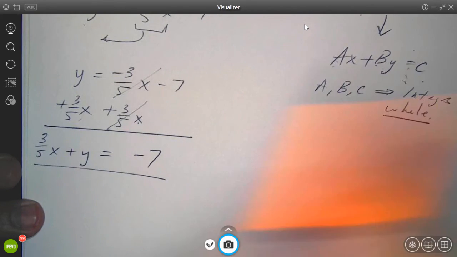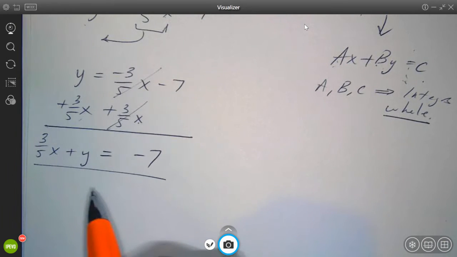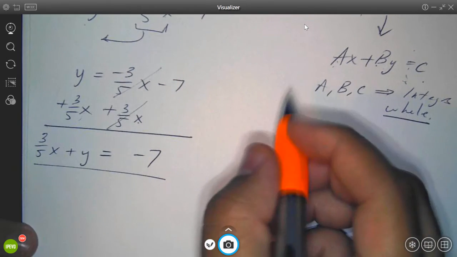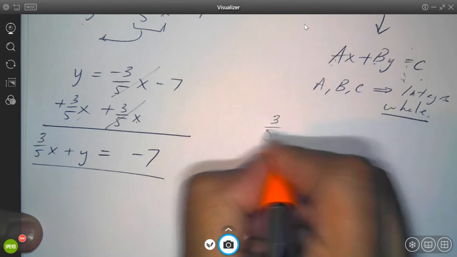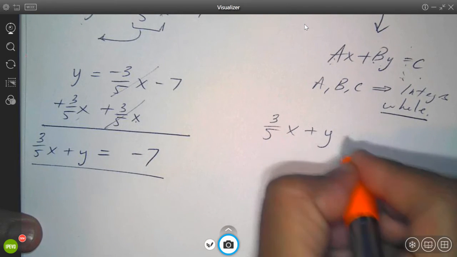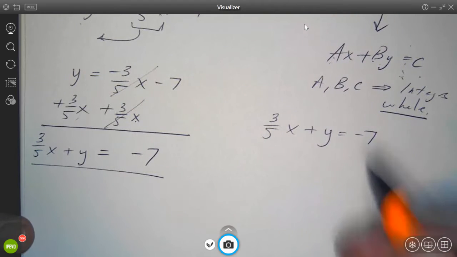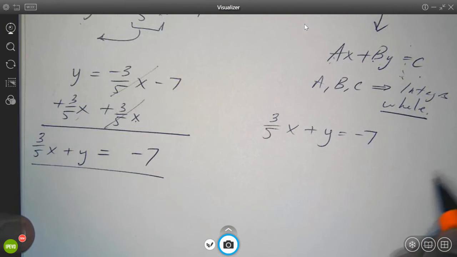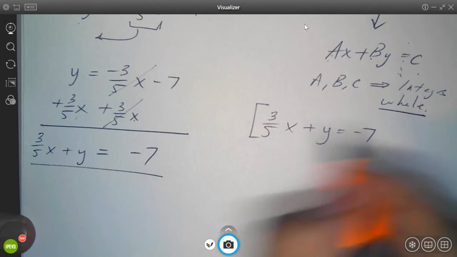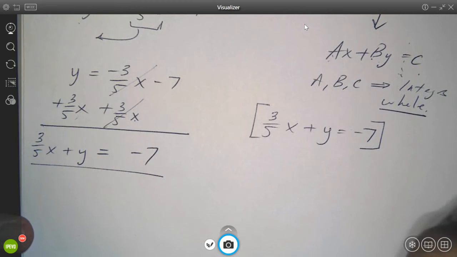We don't like that because here we have 3 fifths as a fraction, right? So my question to you is, if you paid attention, how do we get rid of the denominator? What can we do to get rid of the denominator? Remember, we can multiply every term, both sides of the equation, by that denominator to get rid of it.